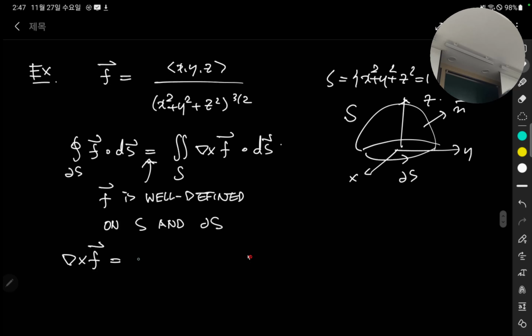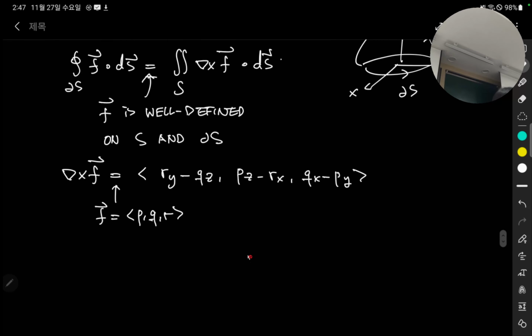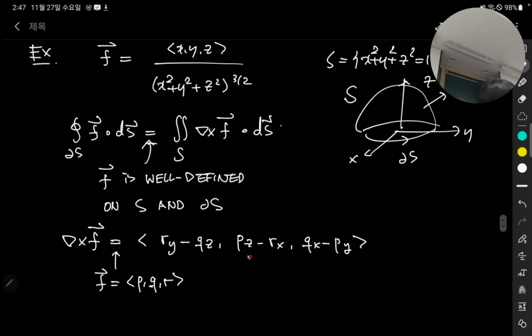Let me write the definition of curl this way. If I have F equal to (P, Q, R), the curl is (Ry minus Qz, Pz minus Rx, Qx minus Py). Here, P, Q, R are given in the following formula. Let me compute this part first.